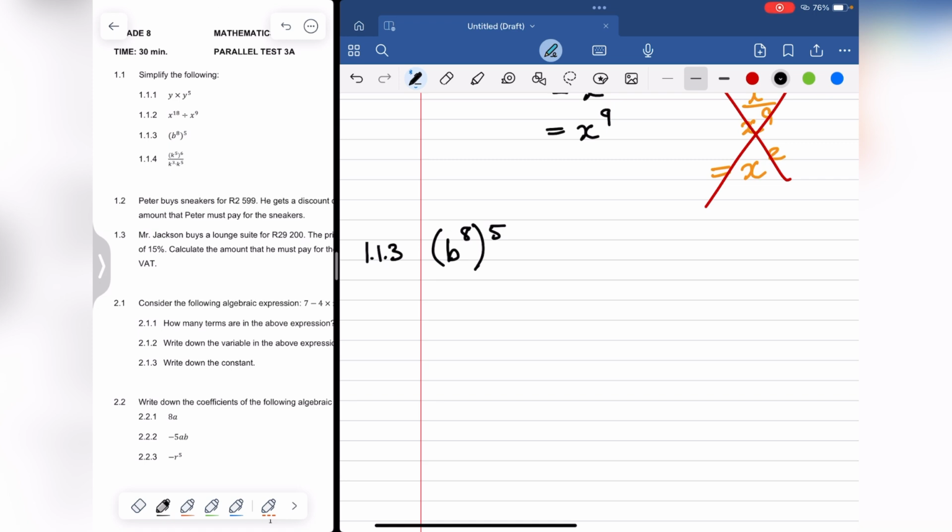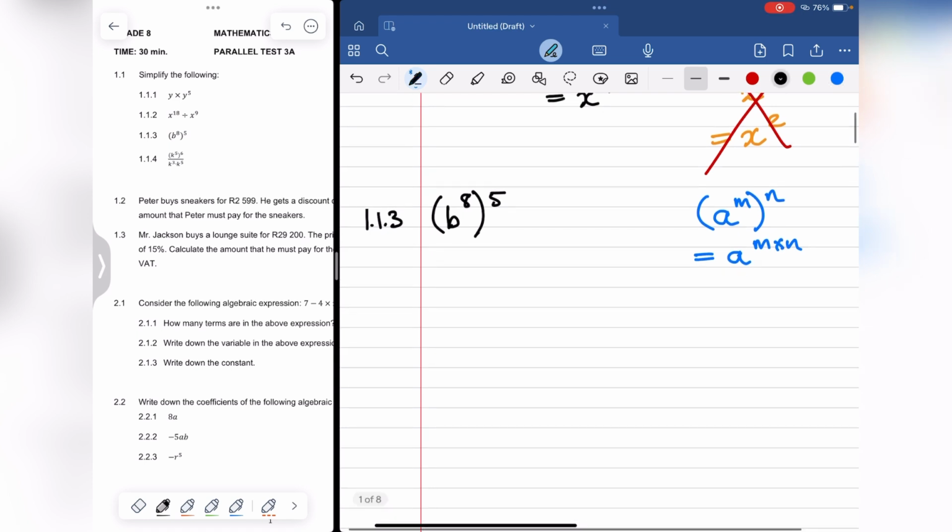1.1.3, we have b to the power 8, which is a power raised to another power of 5. So this is a power raised to a power. So once again, if you recall back to our laws, when we have a power a to the power m raised to the power n, we can simply multiply the exponents m times n.